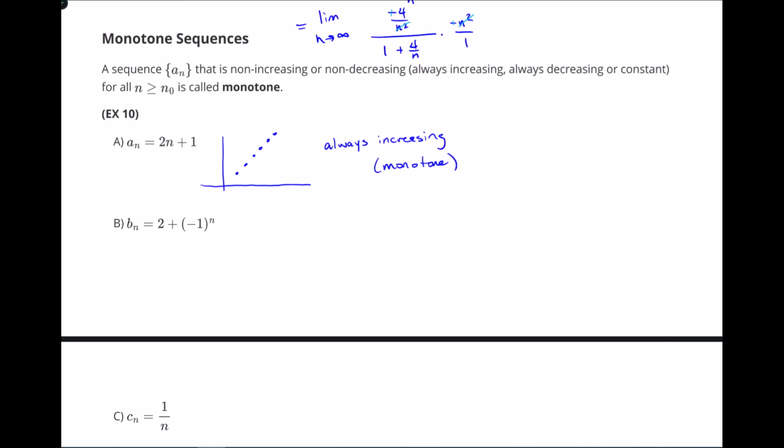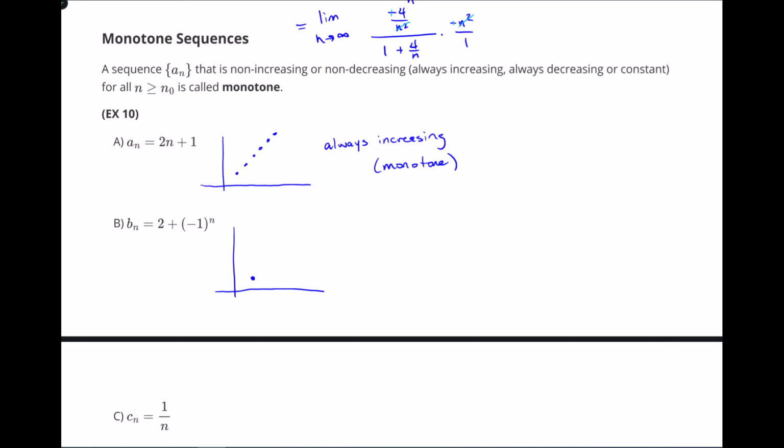Let's look at this next example. So I have 2 plus negative 1 to the n. Now, this one you might not be quite as familiar with, but here's the idea. When I let n be 1, it would be 2 plus negative 1, which would be 1. When n gets to 2, it's 2 plus negative 1 squared, which becomes positive 1.